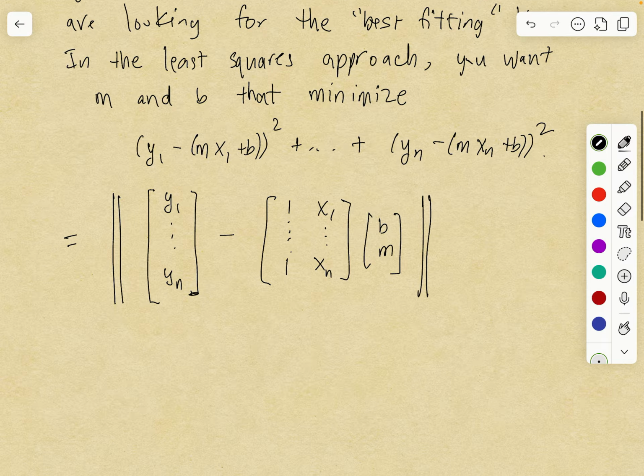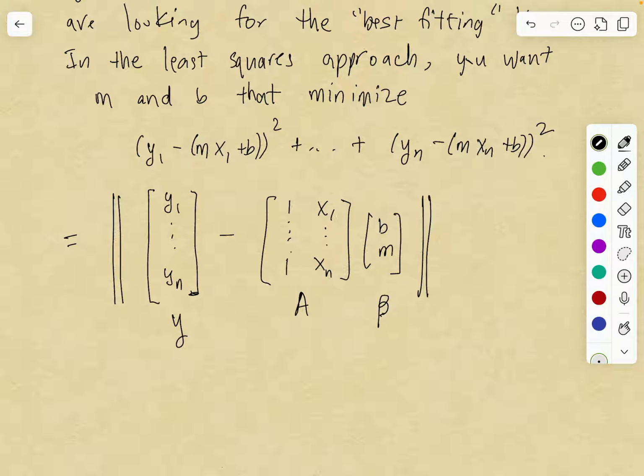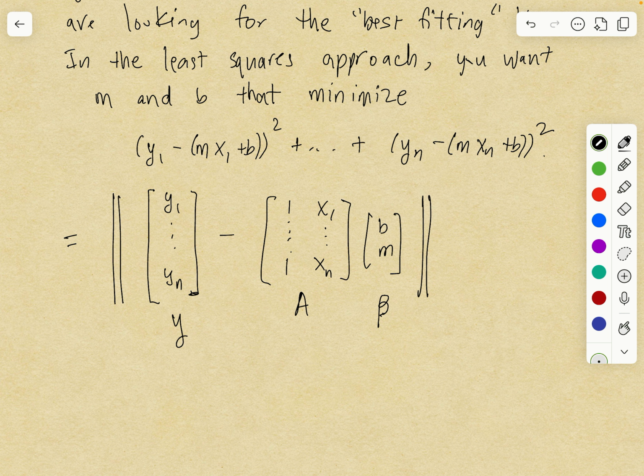And let's call this matrix A, and let's call this column vector beta, and then this would be y, right? So you're trying to find a vector beta that minimizes the length of y minus A beta. That's what you're doing in least squares, okay?